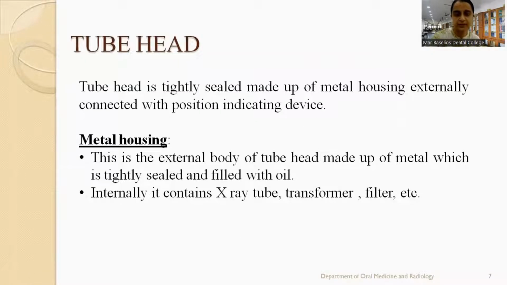The tube head is made up of metal housing externally and it is connected with the position indicating device. Metal housing is the external body of the tube head, made up of metal which is tightly sealed and filled with oil. Internally it contains the X-ray tube, transformer, filter, etc.